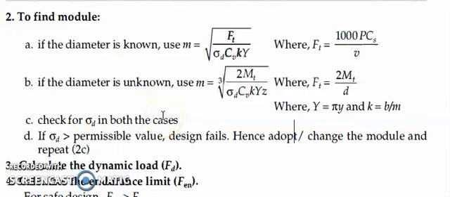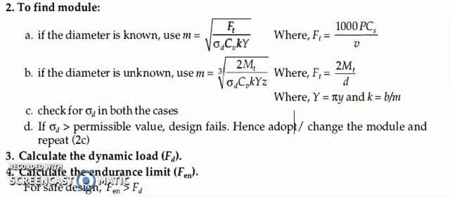The value of sigma d is important. If sigma d is greater than the permissible value, then the design fails, so we go for a lesser value. Hence, adopt or change the module accordingly and repeat step 2c, which means checking the sigma d value. In our problem, I can show how to take the value of sigma d.